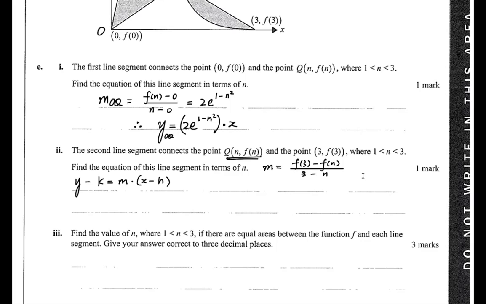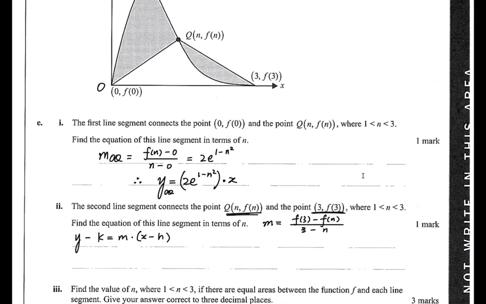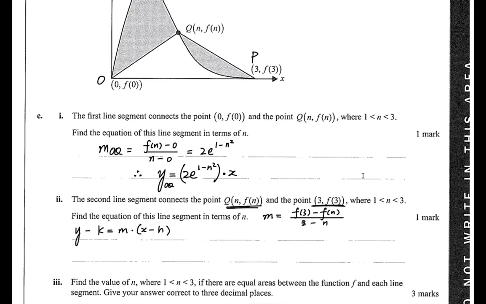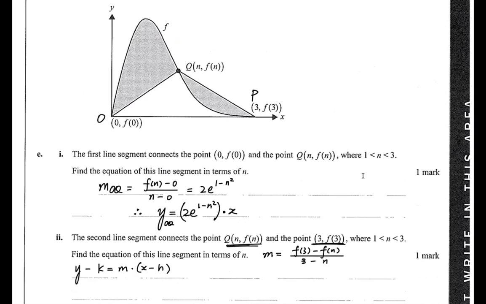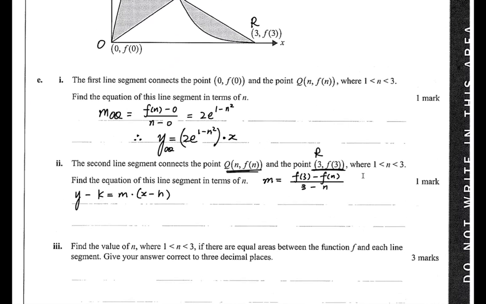You can choose either point Q or, let's say, this one, R. We used the letter P before, so R, okay? Either point Q or point R, whichever you like. In this case, y minus f of 3 is (f of 3 minus f of n) divided by (3 minus n) times bracket (x minus 3).